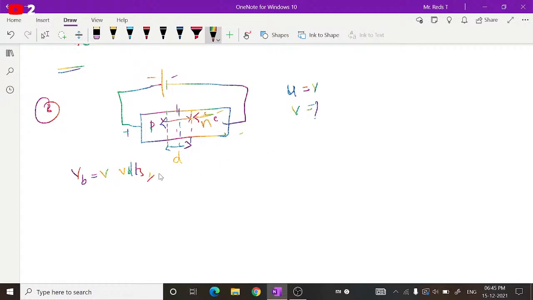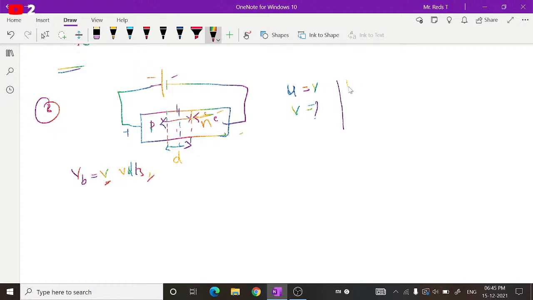We have to remember one point here: whenever any charged particle passes through some potential, it gains some energy, called potential energy. If an electron passes through a potential difference of 1 volt, the energy gained is taken as 1 electron volt. That energy can also be taken as work done. Here the electron is passing through the barrier potential, a potential difference of V volts.